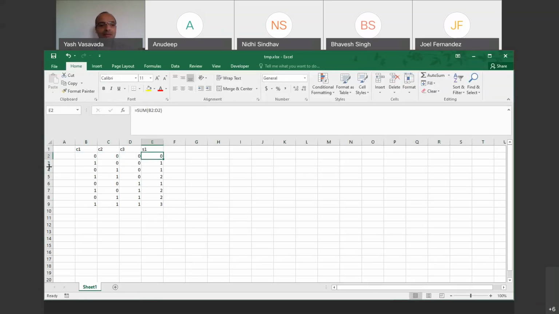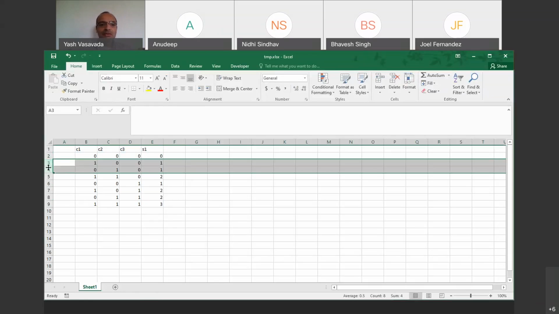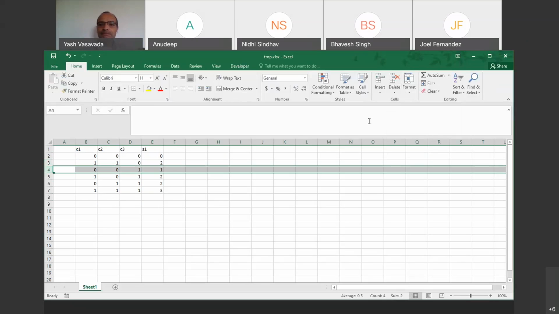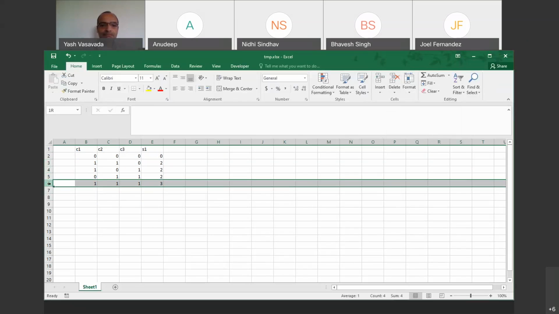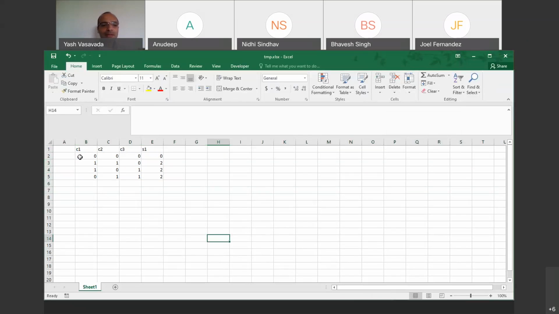Right here is where I'm doing the summation. And so I will delete the rows where the sum is 1 because these are invalid code words. So as expected, I'm left with 4 possibilities.